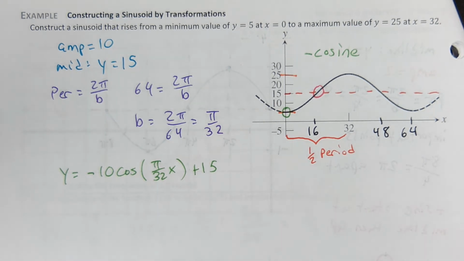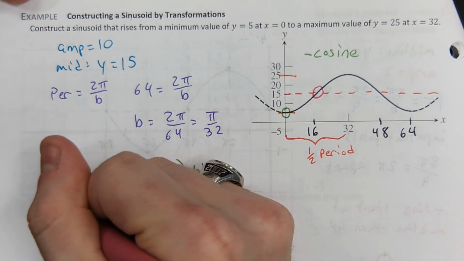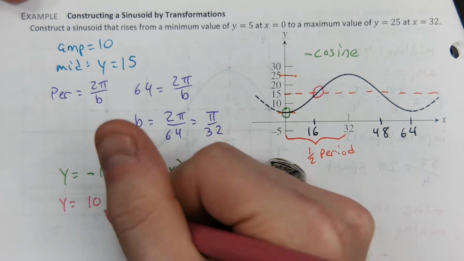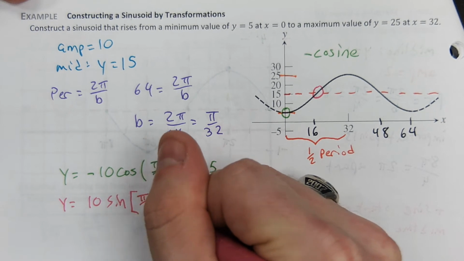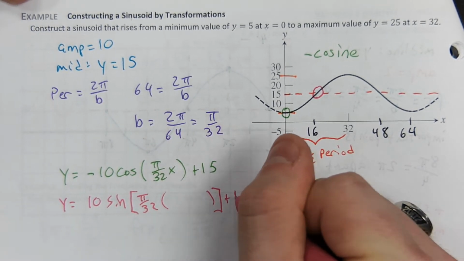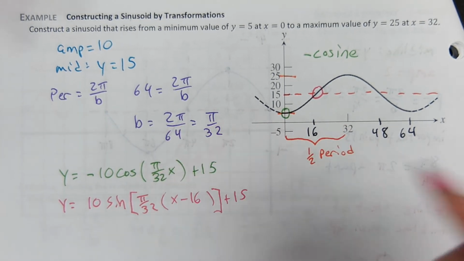And that's what sine does. So that would be a shift to the right 16. So another possible answer is positive, because it's a positive sine wave. If it begins at the midline, it goes up. Sine of, we do have a phase shift this time, so there'll be more than just this pi over 32 in these parentheses. Since it's to the right 16, I need to say x minus 16.